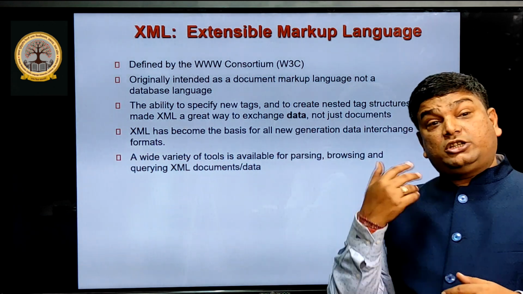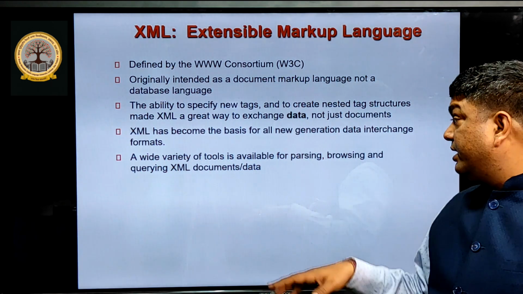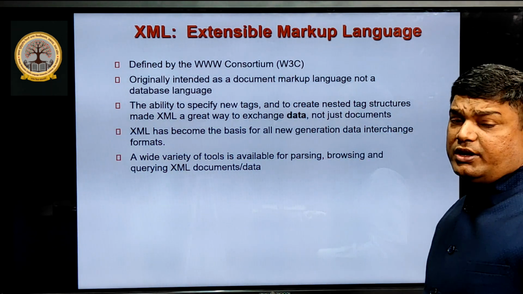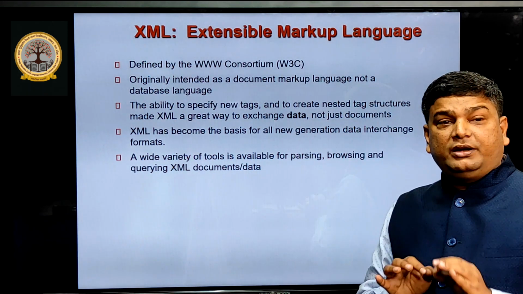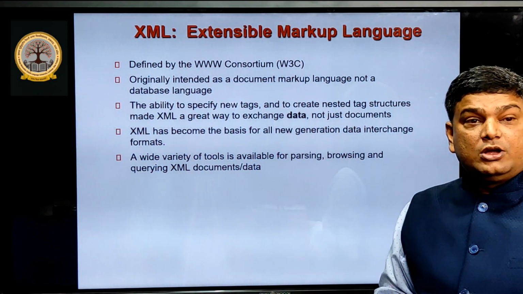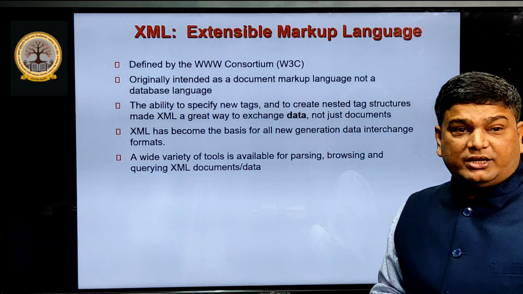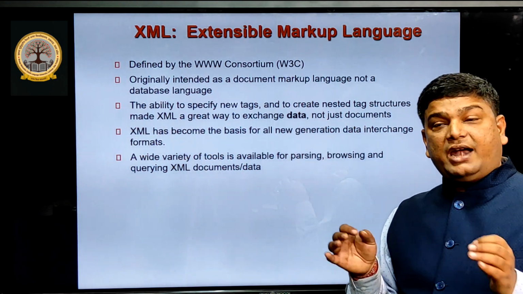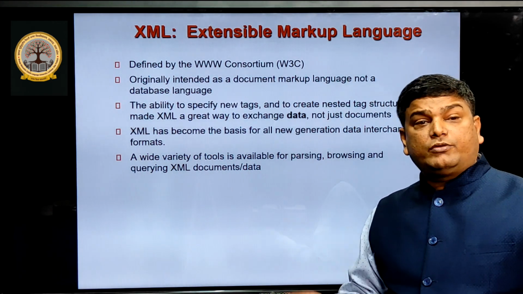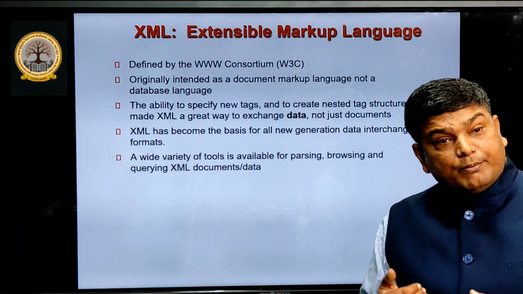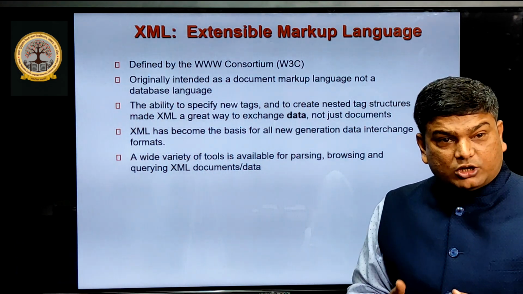Suppose you have HTML and you convert it to PDF, then you use XML. It handles different types of queries and also supports databases, but again, it is not a database language. Database languages are data definition language, data manipulation language, data query language and database control language. Examples of databases are SQL Server, Oracle, MySQL, MS SQL, etc.